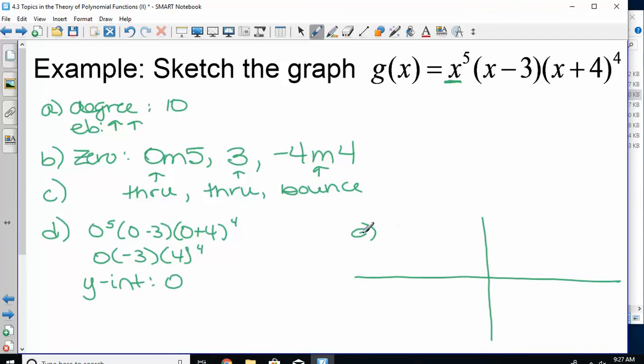So, this one, both ends are pointing upward. Gonna hit the x-axis at 0, 3, negative 4, y-axis at 0.